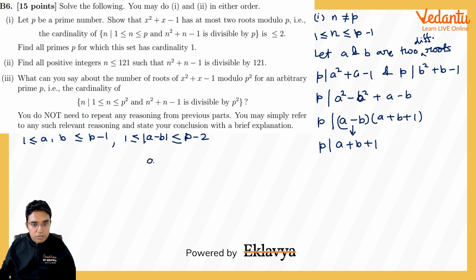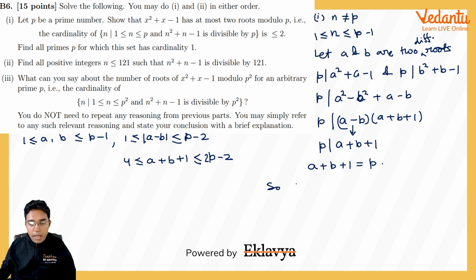But from this condition, once again, a plus b plus 1 will have maximum possible value p minus 1 plus p minus 2 plus 1, so I think 2p minus 2, and greater than or equal to, I think here this will be 4 if a and b are different: 1 plus 1 plus 2, yeah, 4. Now a plus b plus 1 being divisible by p means it should be a multiple of p, but it is less than 2p minus 2, and p being prime number, so this a plus b plus 1 has to be equal to p.